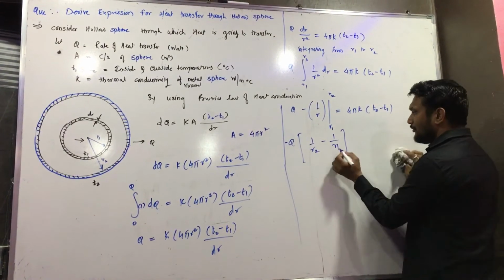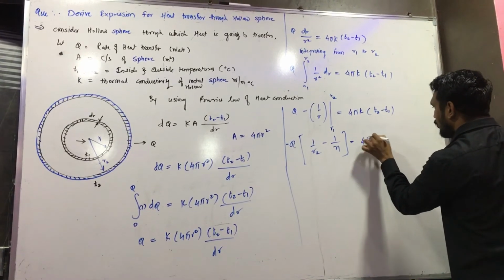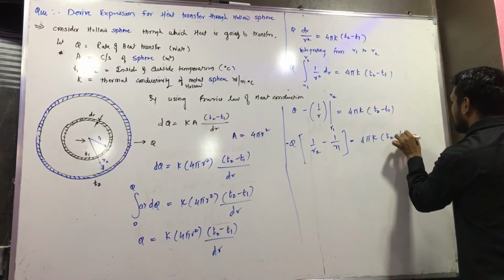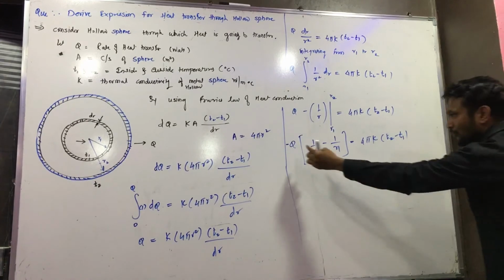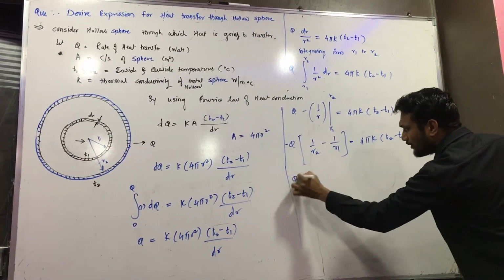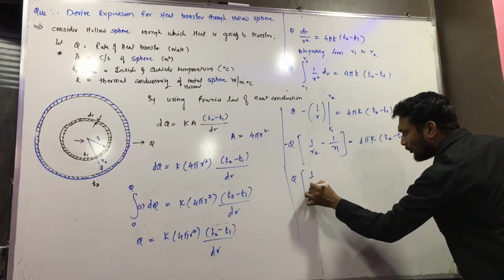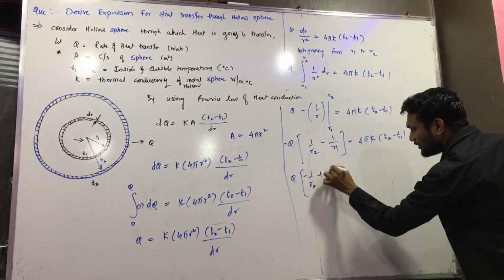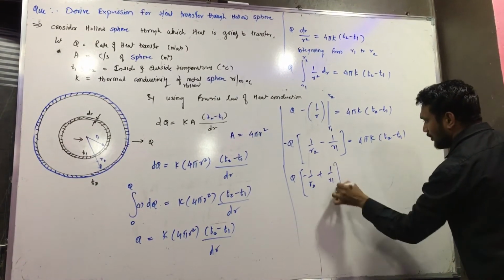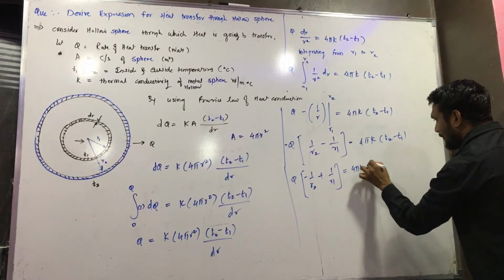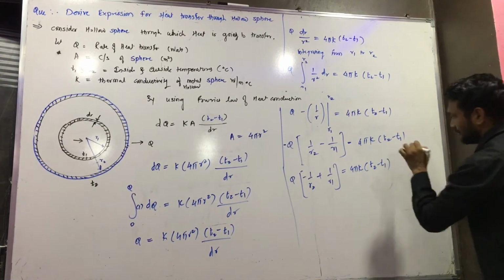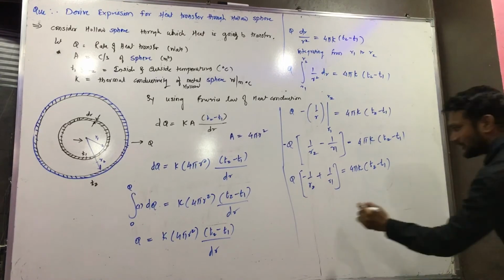In this way we solve the derivation. 4 pi k (T2 minus T1) stays as it is. Now transfer the minus sign so that the plus term gets minus and the minus term gets plus, so minus 1 upon R2 plus 1 upon R1 is equal to 4 pi k (T2 minus T1). Now cross multiplication will be done.